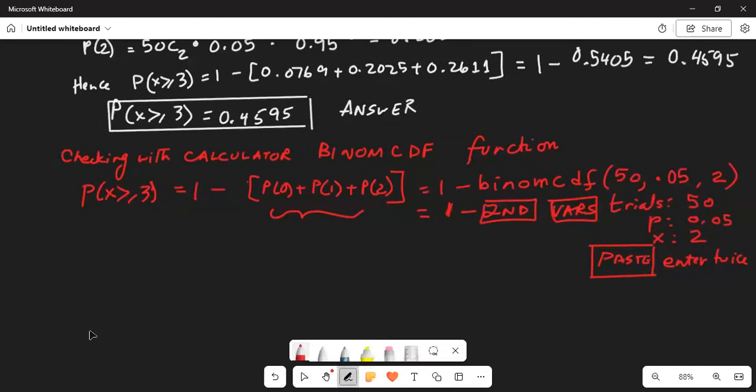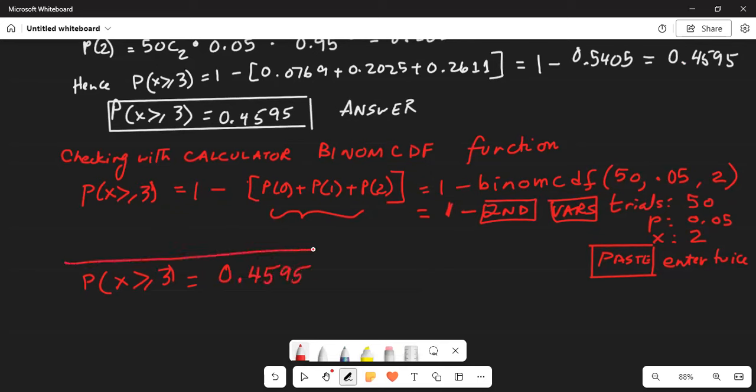So P of X greater than or equal to 3 is equal to, I've done all the calculation, went on Paste and entered twice. And the answer is, boom, the same answer as before, 0.4595.